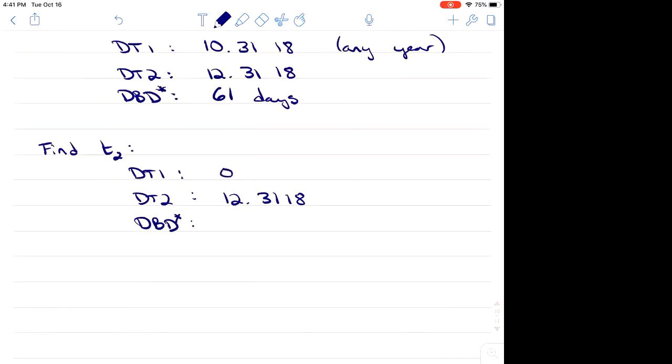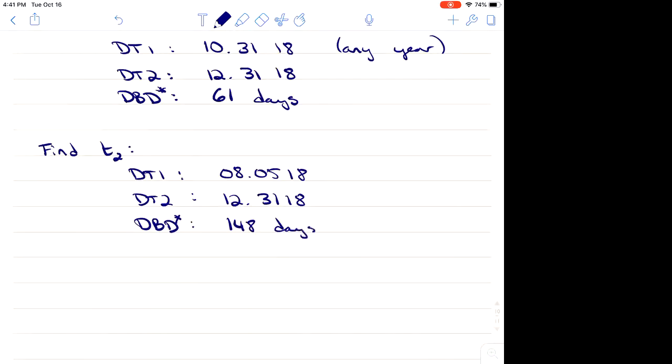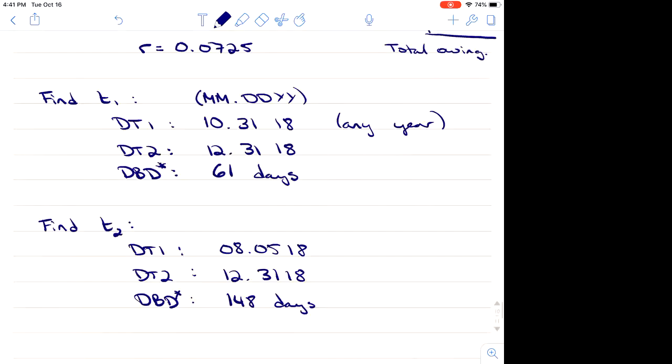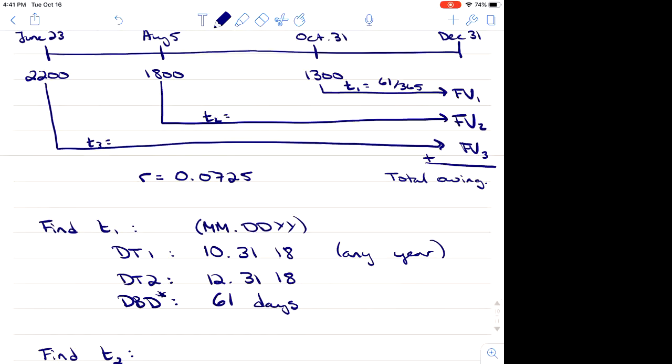August is 08, so 0518. Now in your calculator, second date, you only have to change your date 1. 08.0518, enter. Just double check that date 2 is still December 31st. It is. Days between dates, compute: 148 days. So now I can fill that in: 148 out of 365.